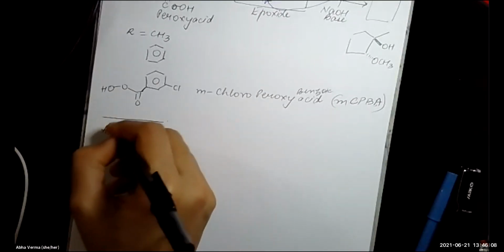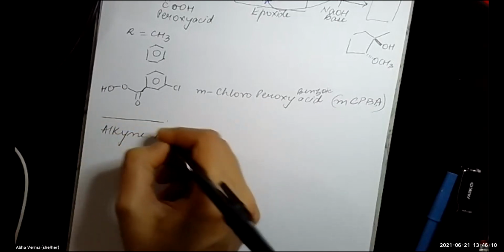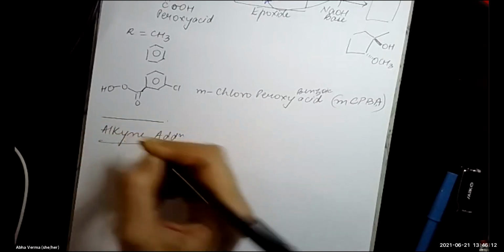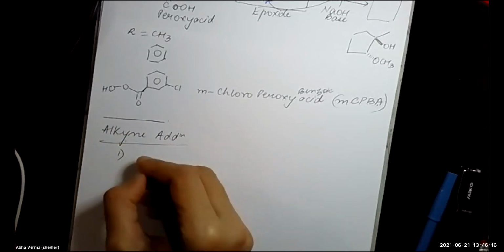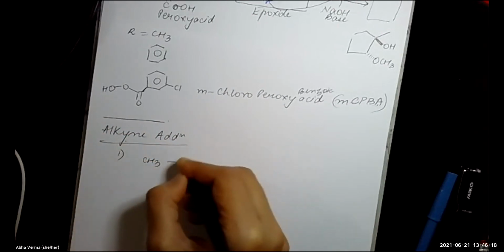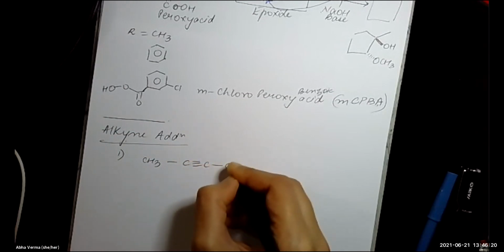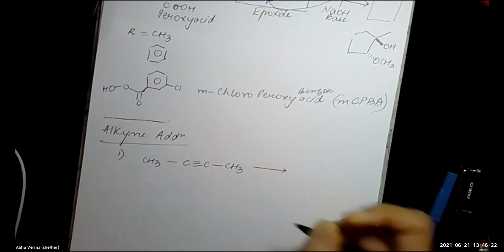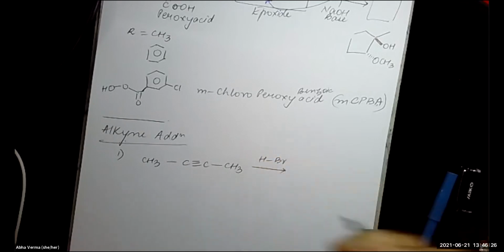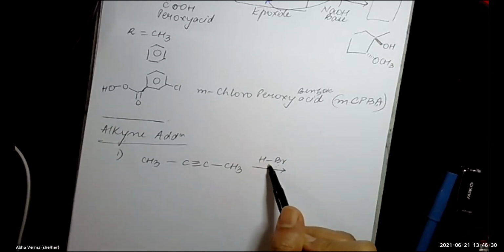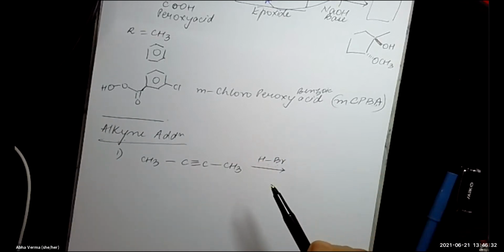Before we start doing more reactions, let's look at our alkyne additions also. Now, starting from your electrophilic additions, CH3, C triple bond, CH3. If I have any binary reagent, what happened with my alkene?